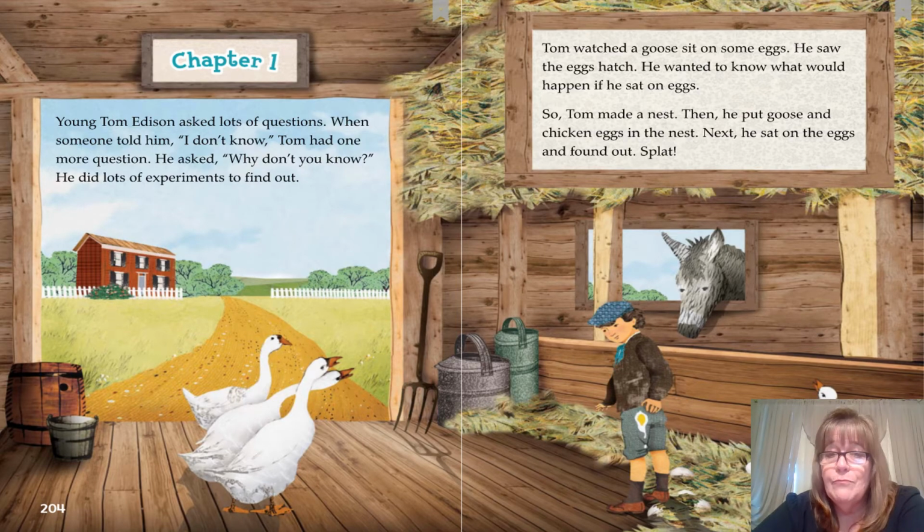But his problem was he had that question, what would happen if he sat on an egg? His solution was to find out, do it. And he took some steps to do that. First, make a nest, then put the eggs in, then sit on it. So he has steps to his solution. Okay, we're going to move on to the next one.